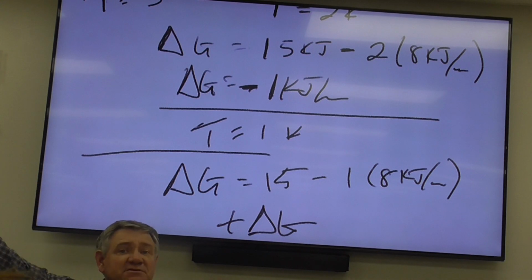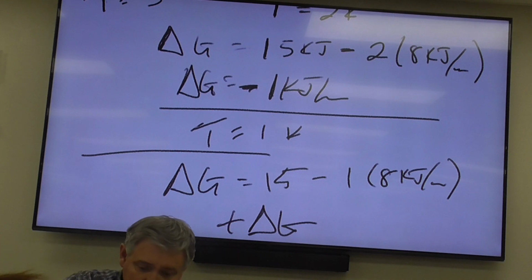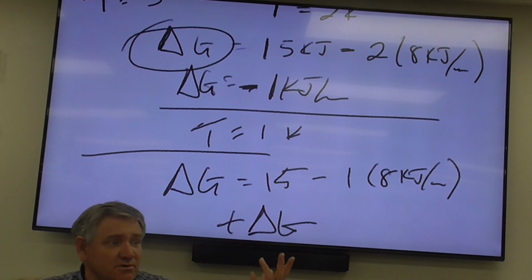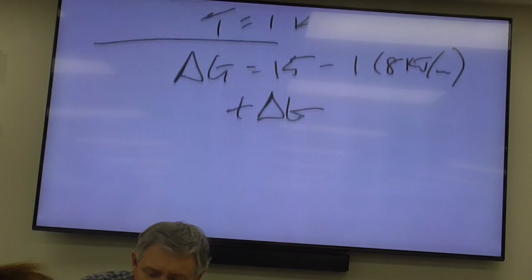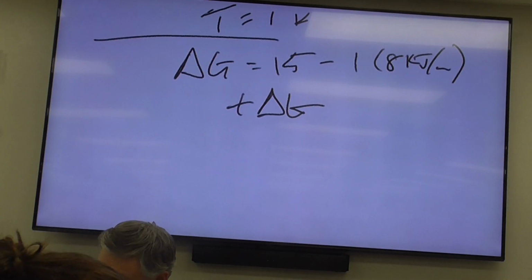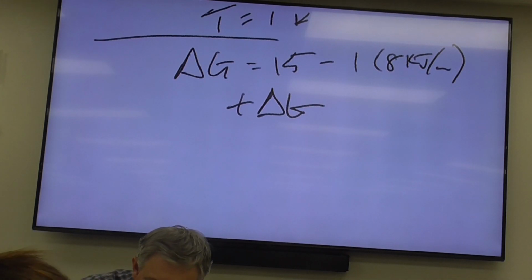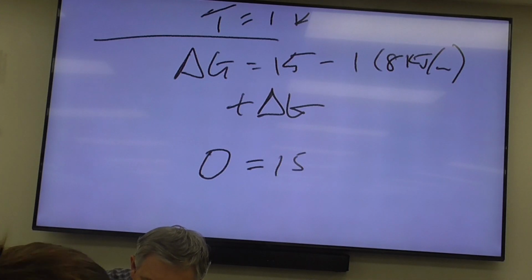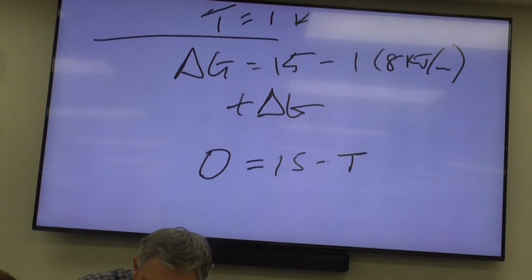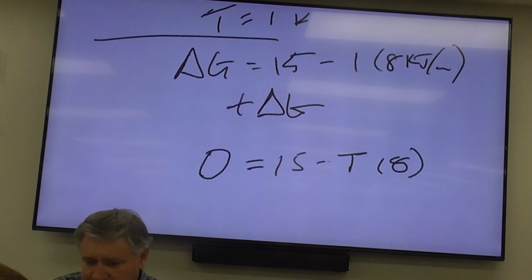But if I'm above a certain temperature, the reaction is spontaneous. So do you think I could find a temperature where delta G equals 0? Yeah. Set this side equal to 0. Okay, cool. So if it's going to be temperature critical, we're going to go through a phase change. I'm going to have 0 equaling 15 minus T times 8.